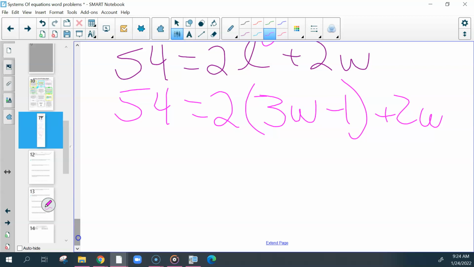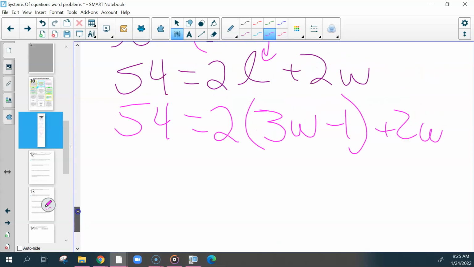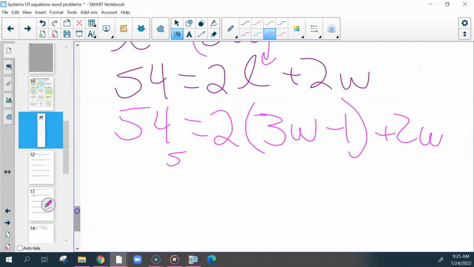Now in this case, we were asked to find our length. So when we solve for W, we have to go back and put it back in to find our L, which is fine. It's another step. So here we have 54 equals 6W minus 2 plus 2W.